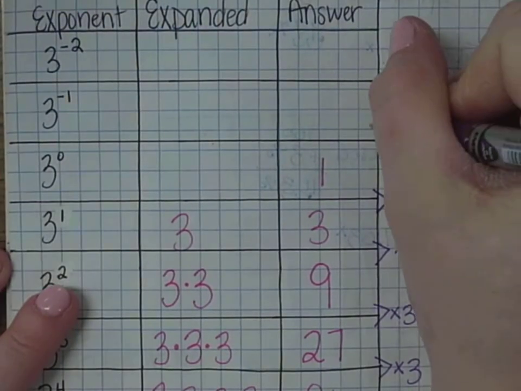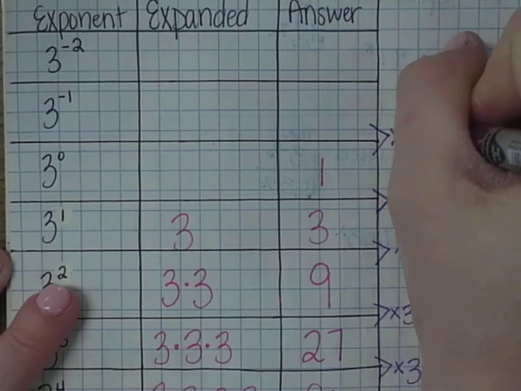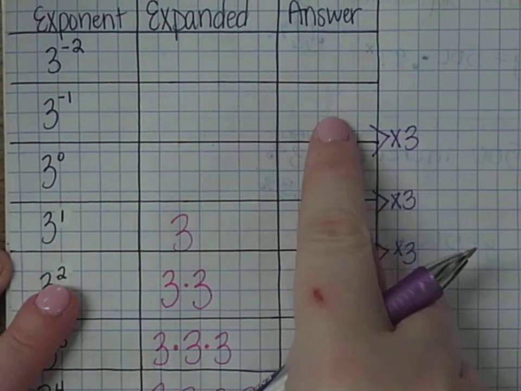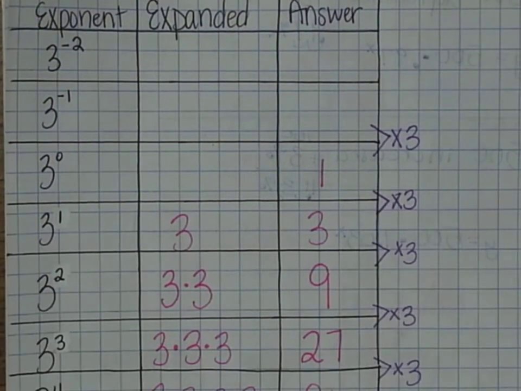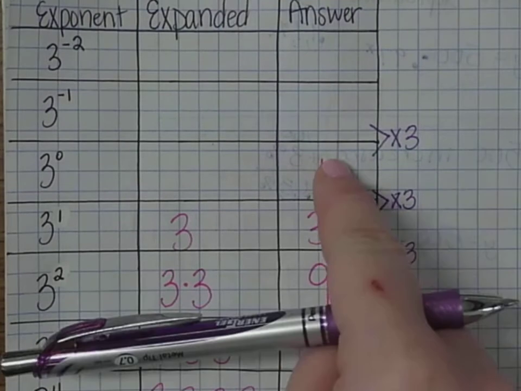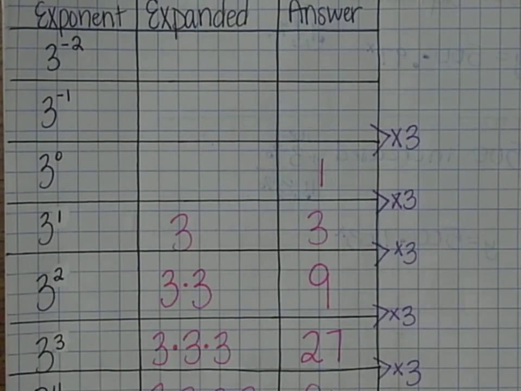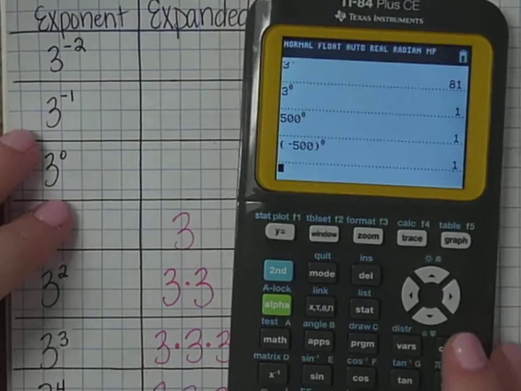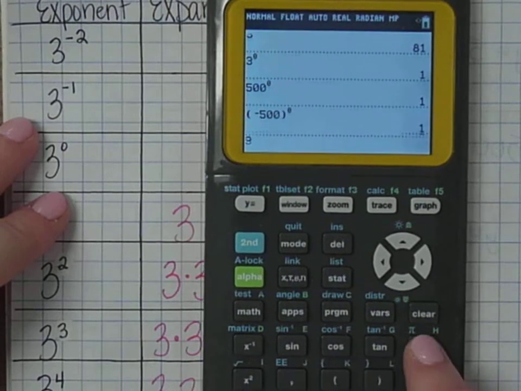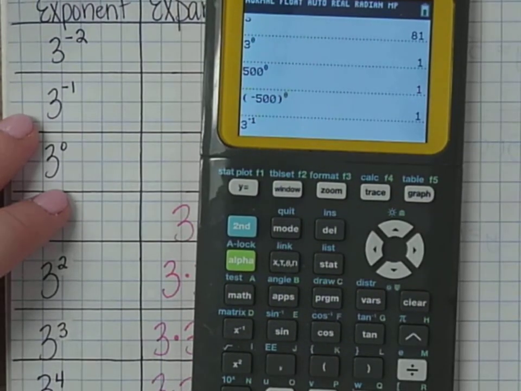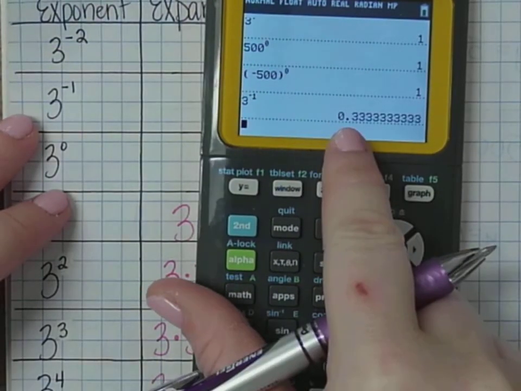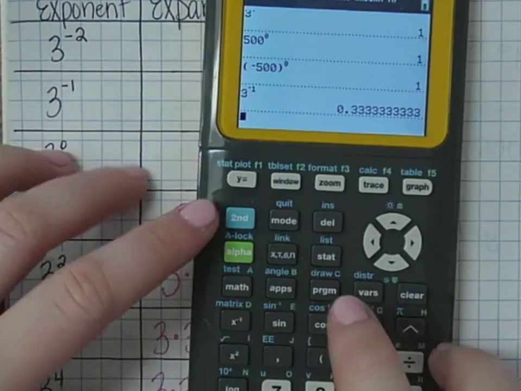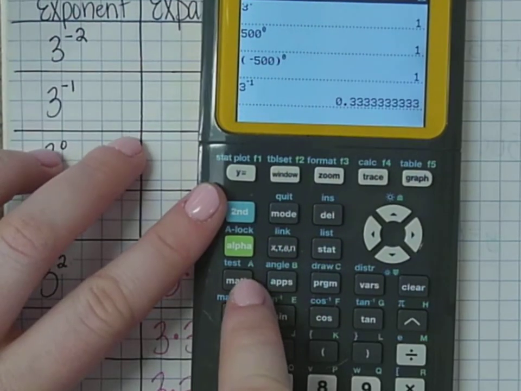Okay, so again, if we want to follow this same pattern, it needs to multiply by 3 each time. Something times 3 gives you 1, or 3 raised to the negative 1 power is 0.33333. This is one of my favorite features on this calculator.